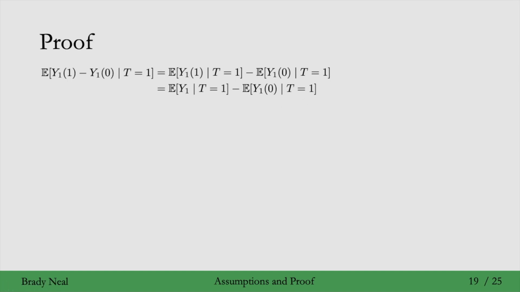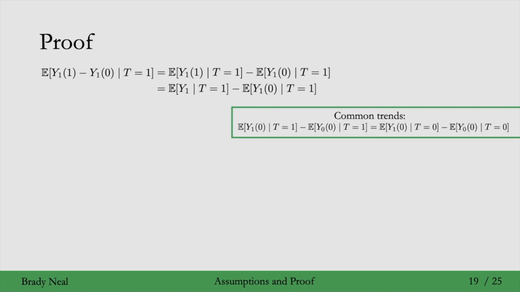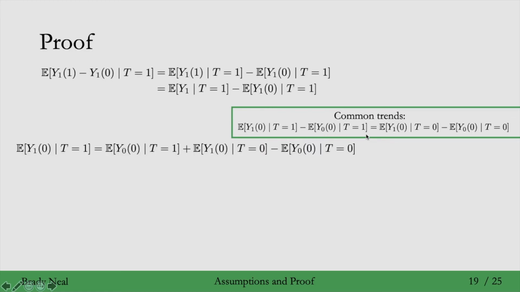So if you look at the common trends assumption, that term shows up right here. So this guy is this guy. So if we just solve for this guy, then we get this.